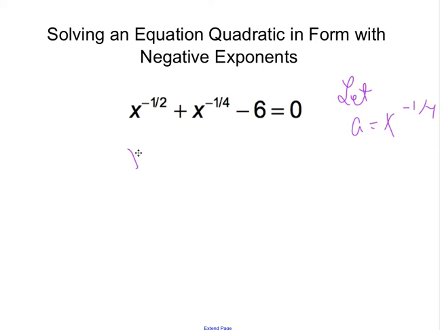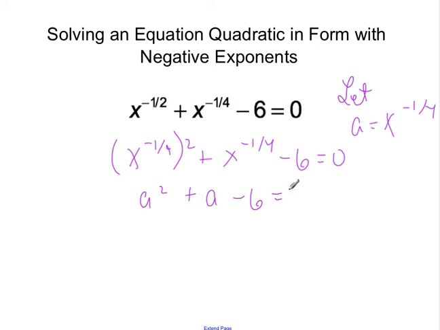I'm just going to show you, x to the minus 1/4 squared is x to the negative 1/2, plus x to the minus 1/4 minus 6 equals 0. Now do you see how you can put the a in here? So we have a squared plus a minus 6 equals 0, and that's factorable.